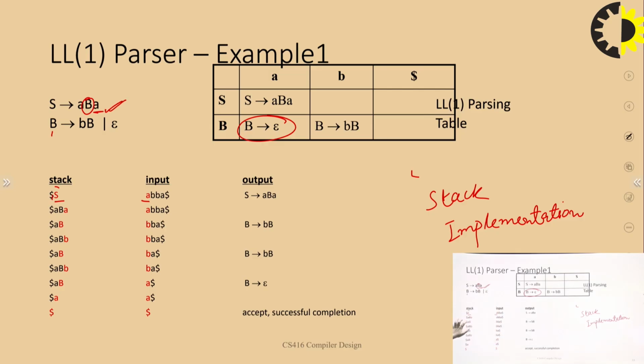That's why small a, capital B, and small a is written here. This is the output, and we mention which action I am performing here, like which production I am using.